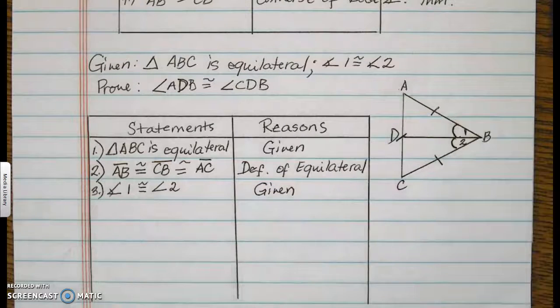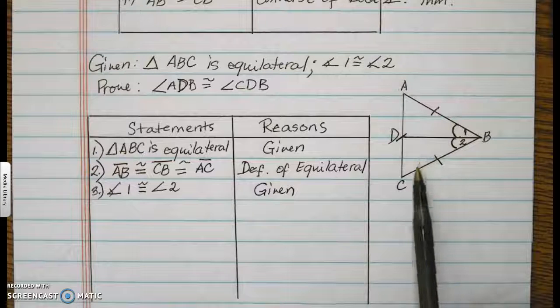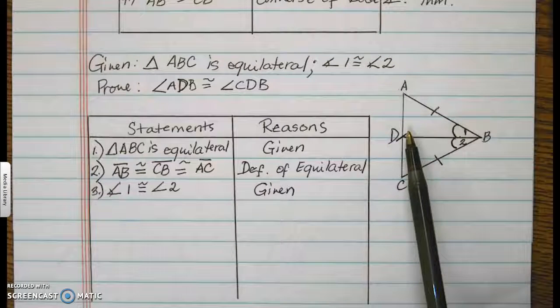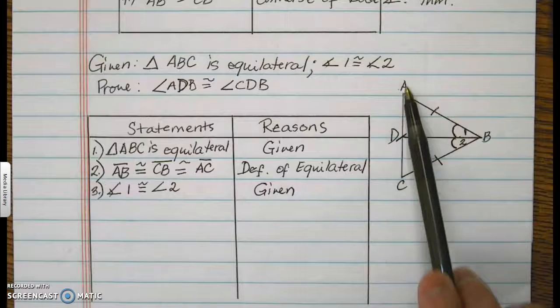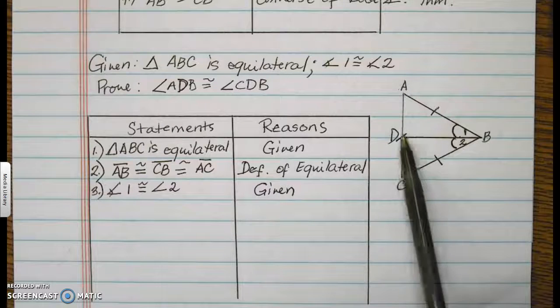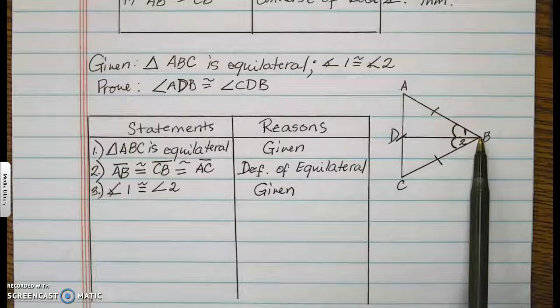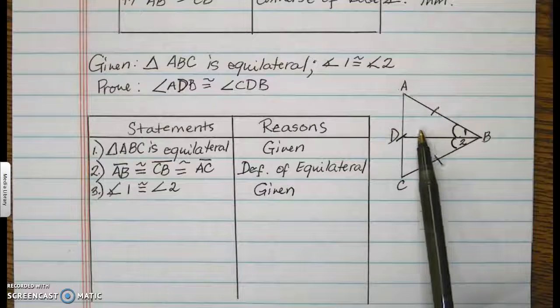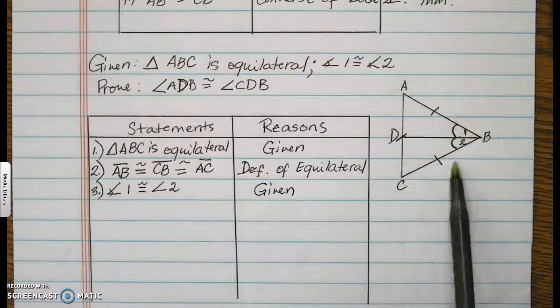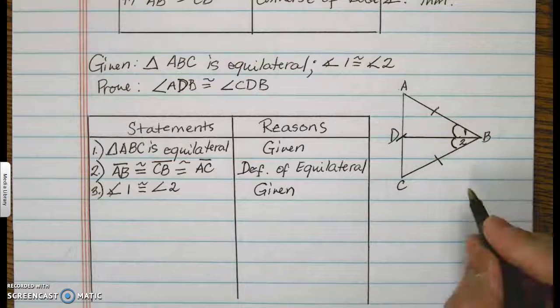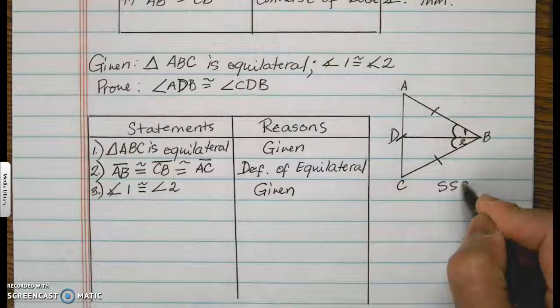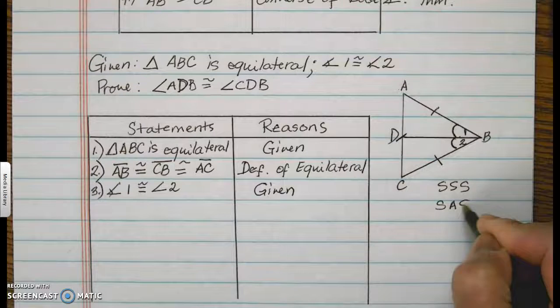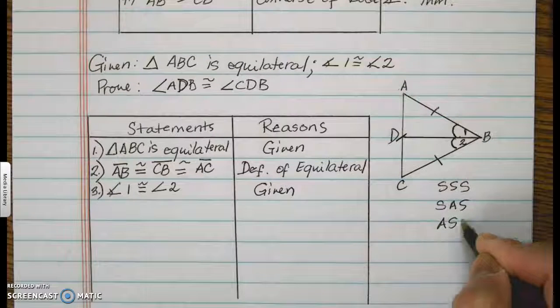Well, first of all, let me discuss to you my plan of action on this one. What I'm trying to do is prove that this angle ADB is congruent to CDB. What I can do to prove that is use the congruence of triangles postulate. So there are three postulates: side-side-side, side-angle-side, and angle-side-angle.